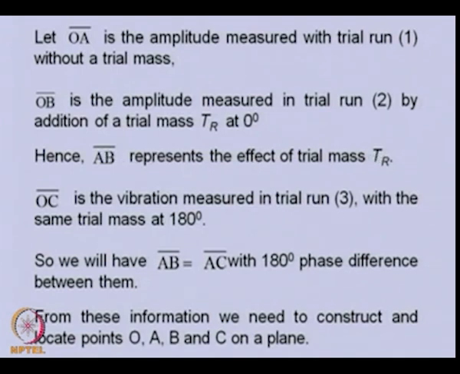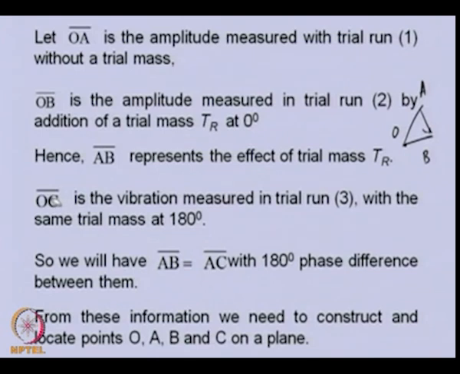If we have origin here, and OA is this and OB is this, then AB will be a vector which will represent this change, due to putting the trial mass into the rotor at 0 degree. So, this is the effect of trial mass AB.